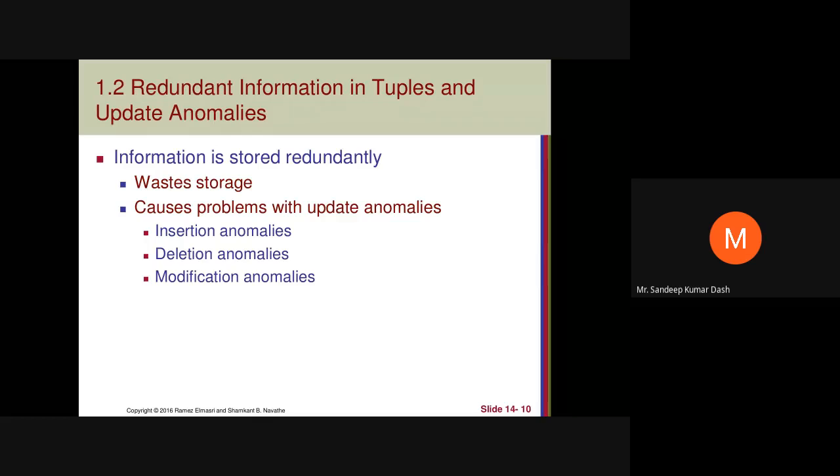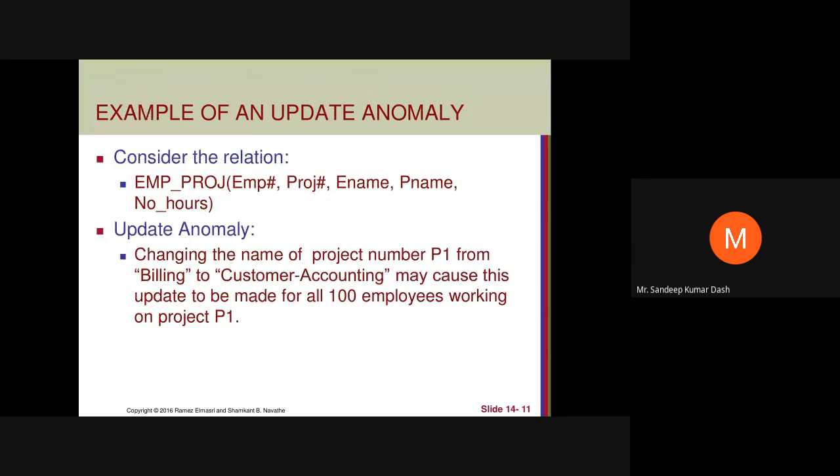In this case, there are 3 different types of anomalies possible: insertion anomaly, deletion anomaly, and modification anomaly. Remember that anomalies occur in a database when you have redundant data. Redundant data means data which is repeatedly stored in multiple locations, which is not a sign of good design.